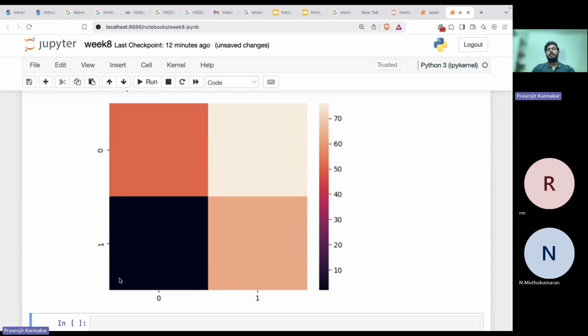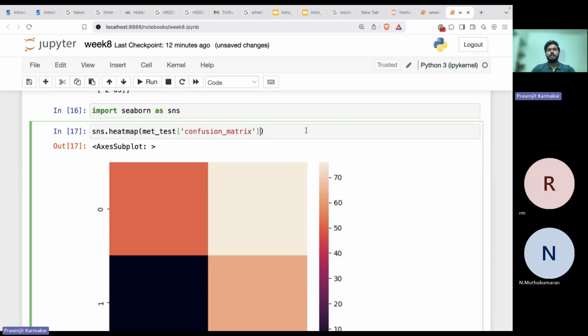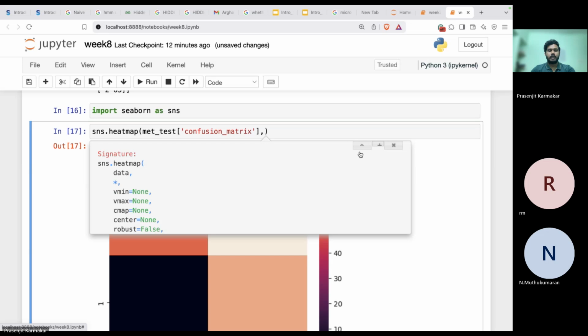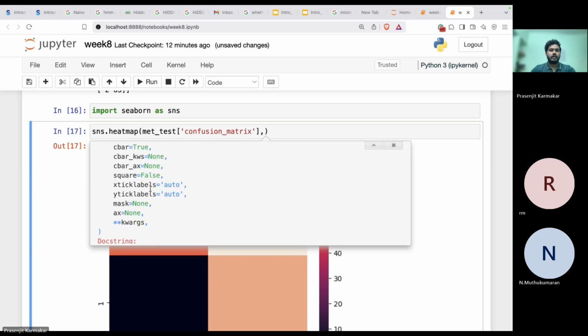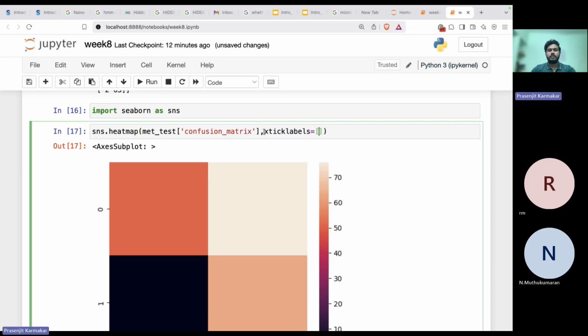So what is 0 and 1? 0 means no patient, so label. Can I set the label? I guess I can. X tick, Y tick labels, right? Labels is equal to.